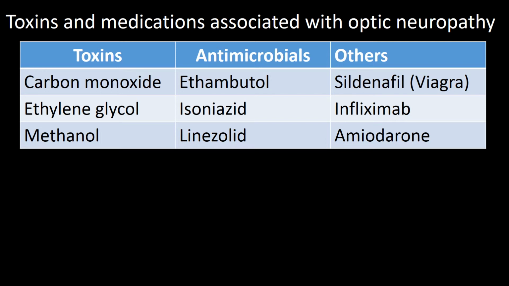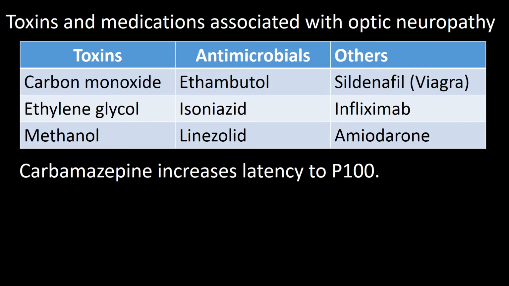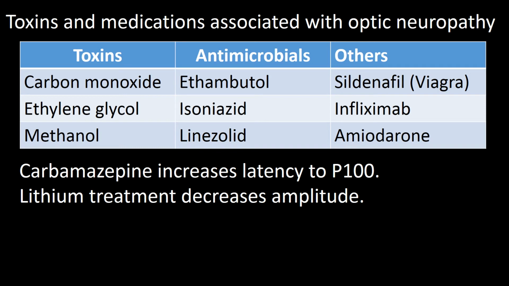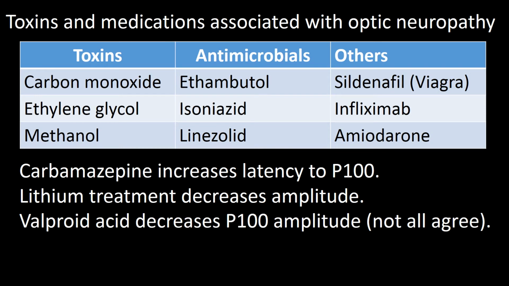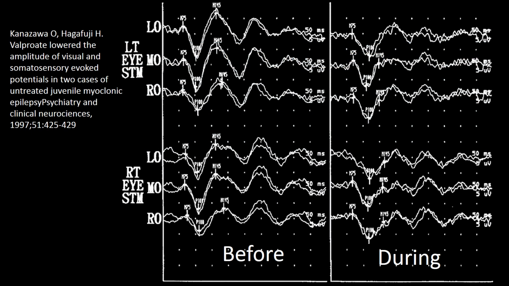Another important, or at least often asked, question in the boards relates to carbamazepine increasing sagittal P100 latency, lithium decreasing sagittal P100 amplitude, valproic acid decreasing amplitude, although not all agree about this one. This figure was published as an example of valproic acid decreasing P100 in a patient with not previously treated juvenile myoclonic epilepsy.